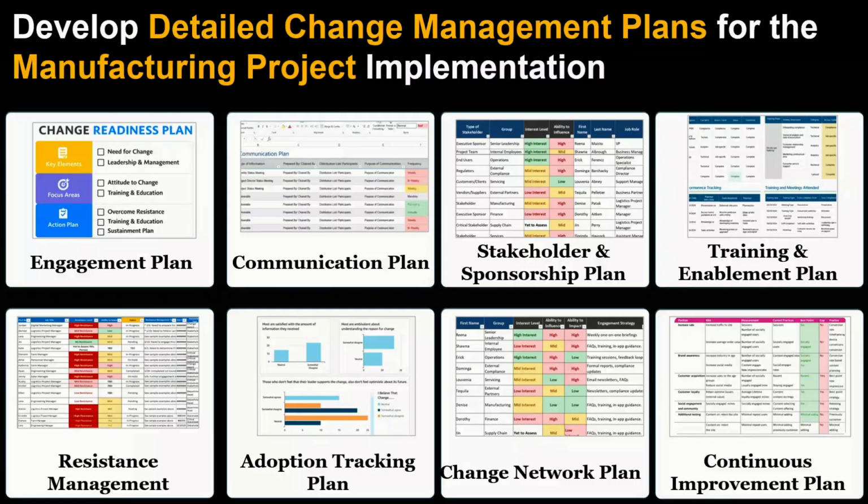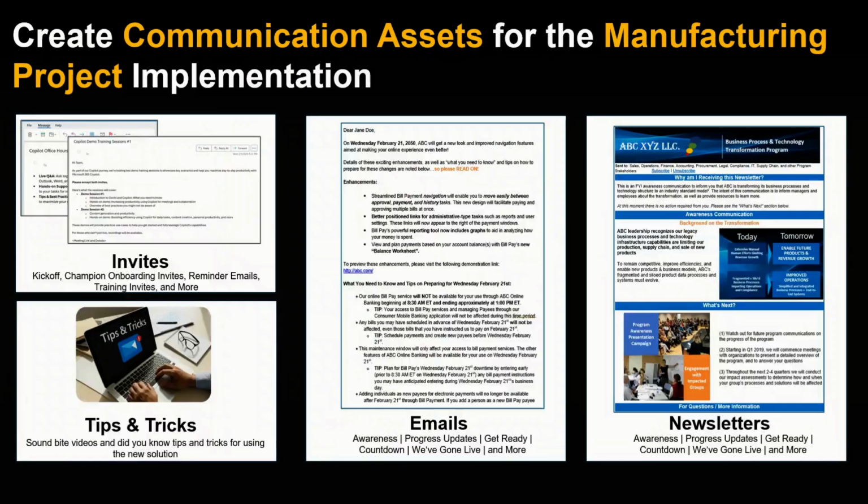After finalizing your strategies using the free change management strategic playbook that I just presented, the next step is to create your step-by-step change management plans that include your engagement, communication, and training plans. Together, they ensure that the manufacturing project implementation is not just planned, but executed in a structured, measurable way.